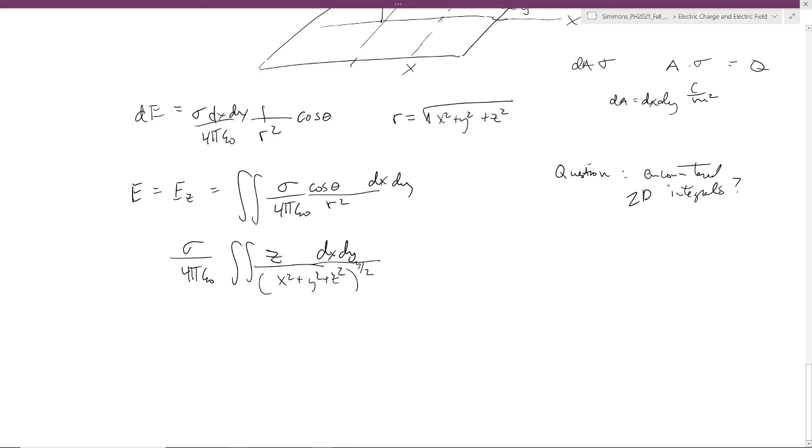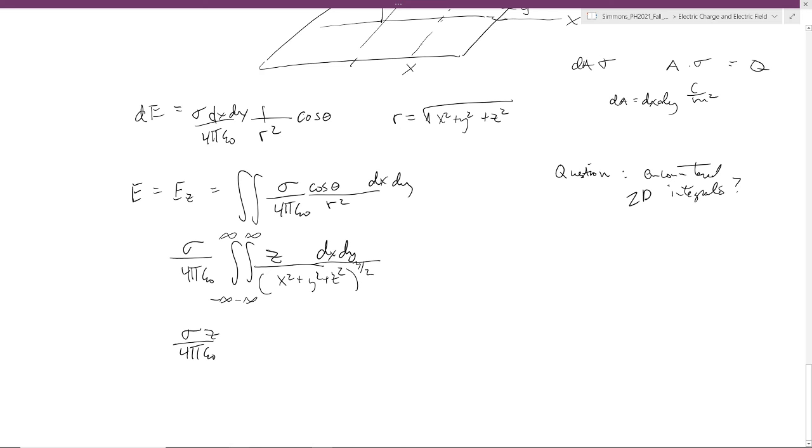Again, we're going to use the case where we're imagining this plane gets really big, so our limits of integration would be infinite. You can check this by trying to evaluate the integral on a computer. The integral doesn't depend on z, so we can pull out that factor of z.